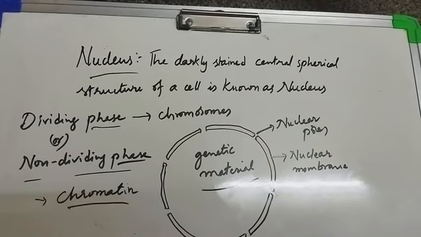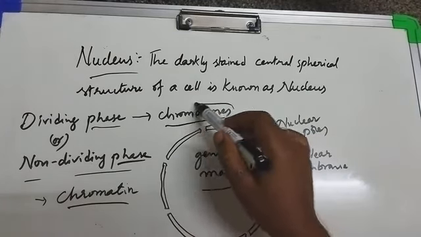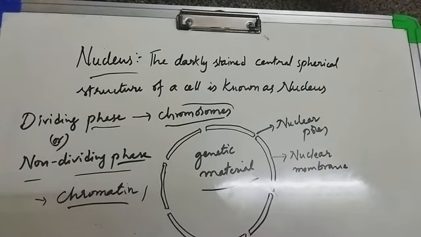So genetic material is going to be present in chromosomes and in chromatin. The chromosome form is seen in the dividing phase of the cell. The chromatin form can be seen in the non-dividing phase of the cell.